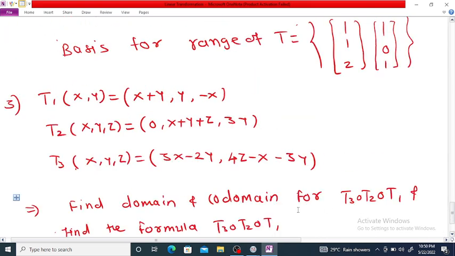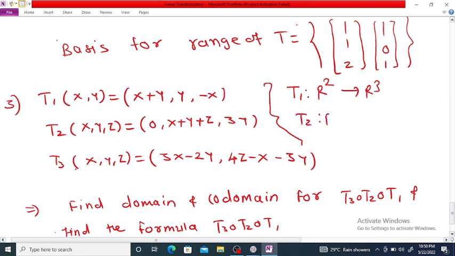Now first of all, from this what we can observe here is that T1 is a mapping from R square to R cube, T2 is a mapping from R cube to R cube, and T3 is a mapping from R cube to R square.